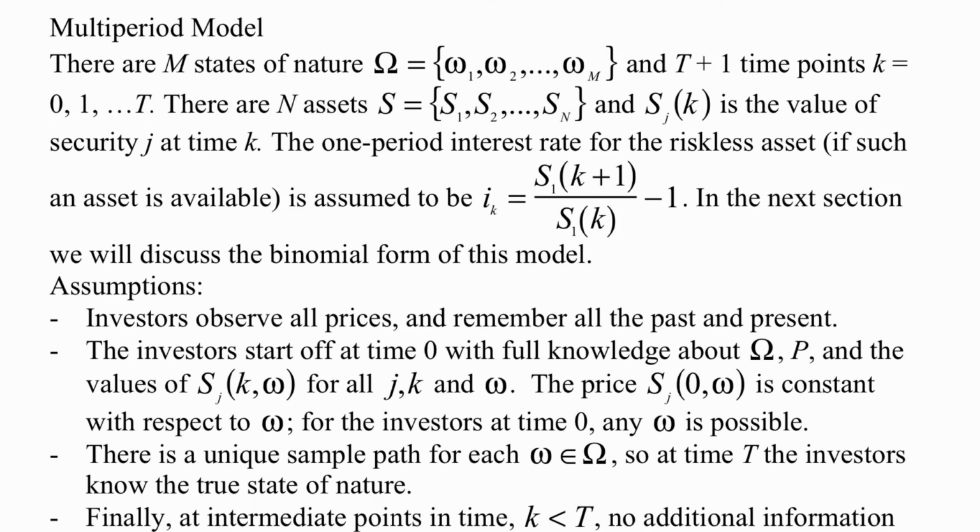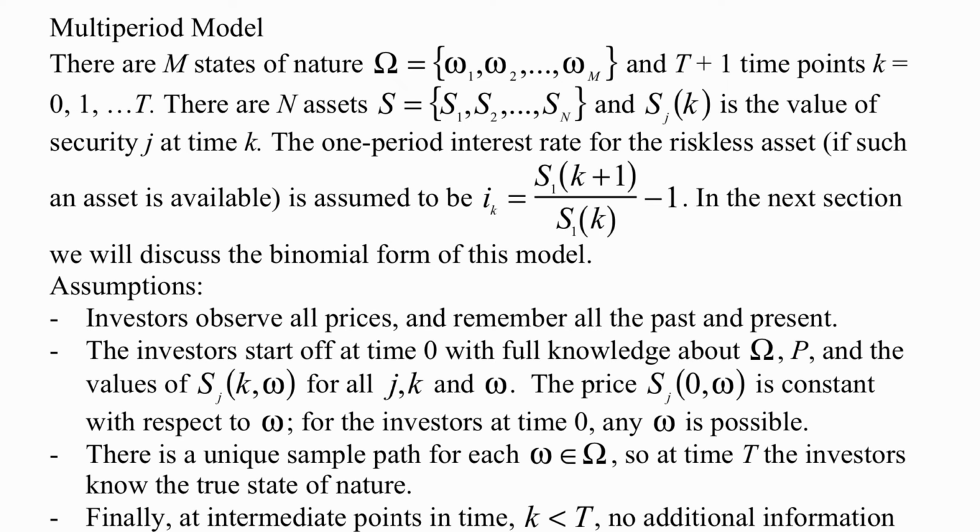This model that we talked about, well, it's simple, it's only one period, can be generalized to a multi-period discrete model with m states of nature, like before, but they are now paths of possible futures, and T plus 1 time points, k equal to 0 through T. There are n assets, and S_j(k) is the value of security j at time k.